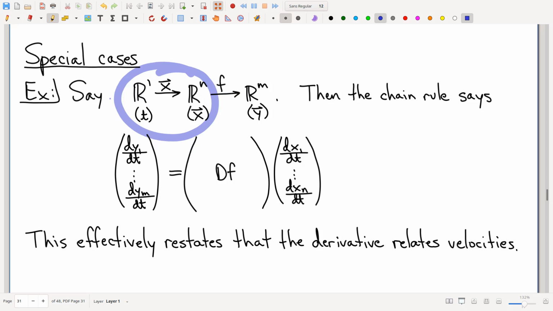It's a free country, so I'm going to view this as being time. And now this function gives me position in this space Rn as a function of time. It literally gives me a parametric curve.